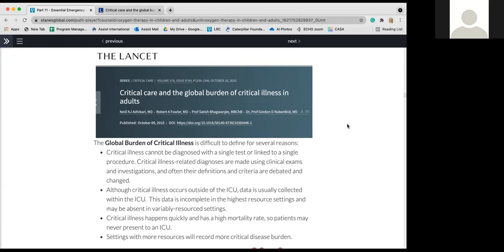And that brings the third problem, because in low-income settings, we don't have enough ICUs. So it will be very difficult to get data, because most of the people with critical illness will die or have complications outside the ICU system. So then we'll have more data in high-income settings because they have more ICUs. And basically, that's the challenge, to have a good data set of critical illness globally.